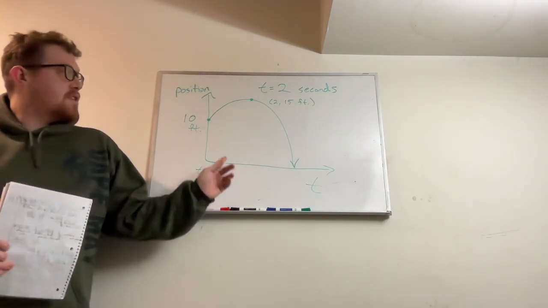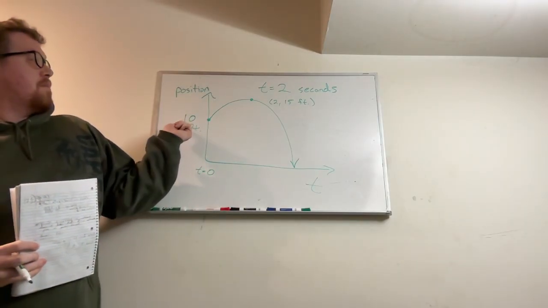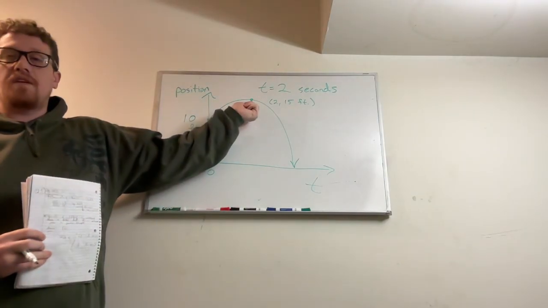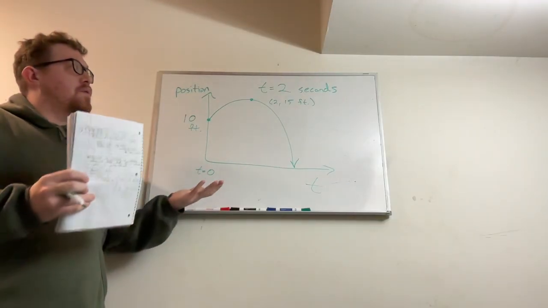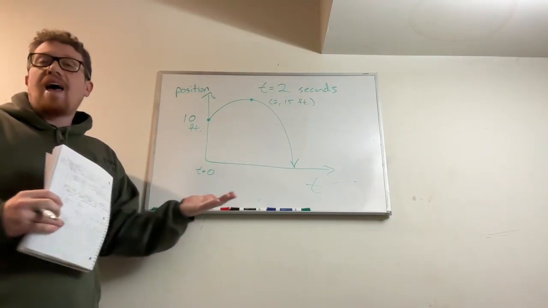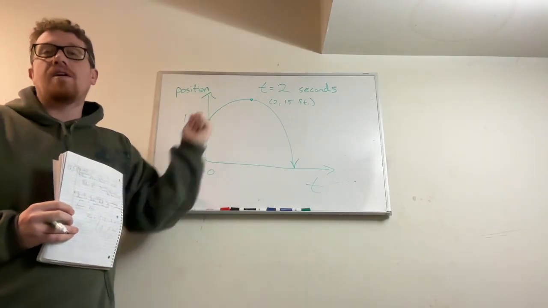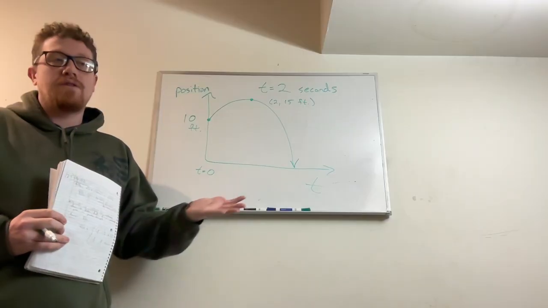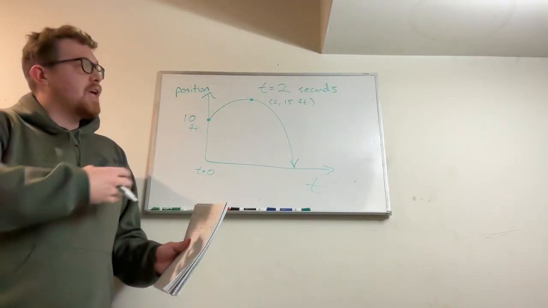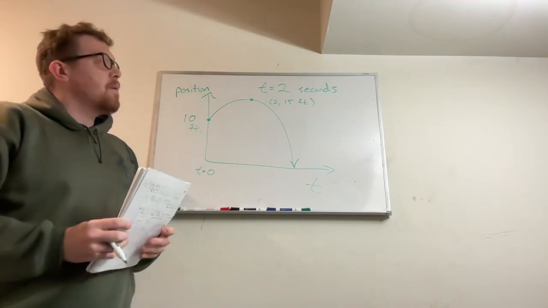So basically it took this particle 2 seconds to travel from 10 feet above the ground to 15 feet above the ground. And you might ask, okay, what was the average speed of the particle? It obviously didn't travel in a straight line there, so there wasn't a constant speed, but there is some average speed. If you took the average and weighted it over all of the points, you would get some number, right?